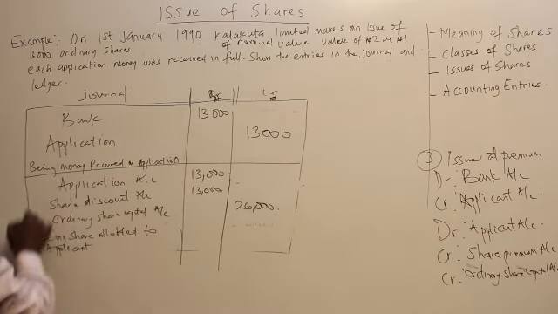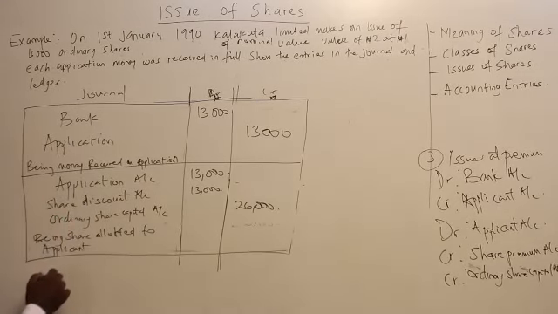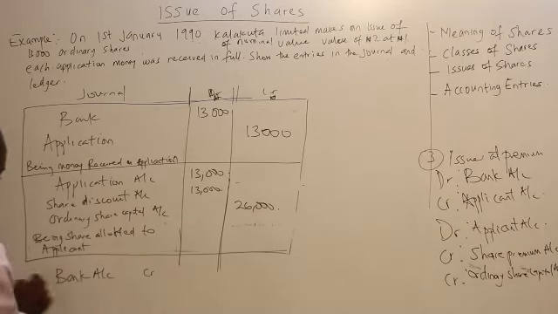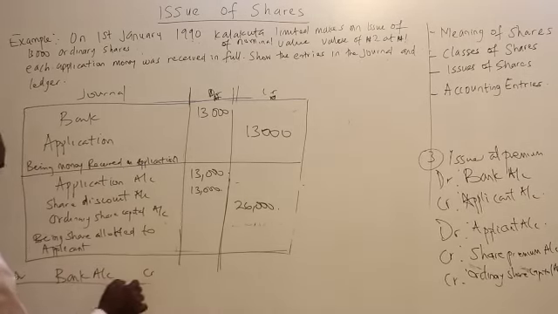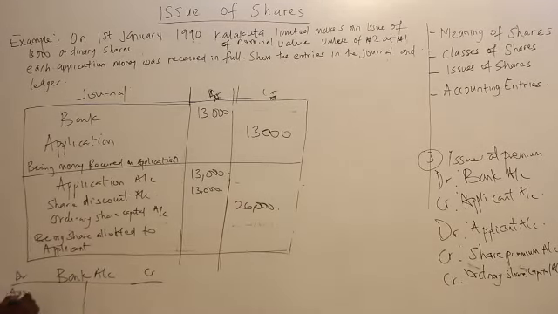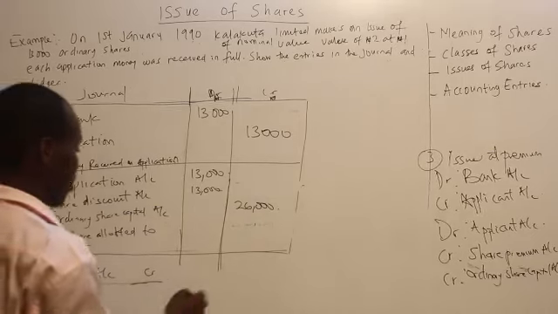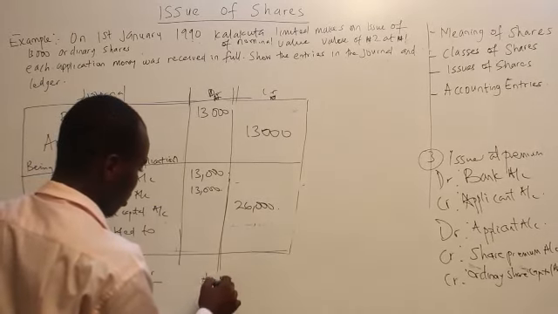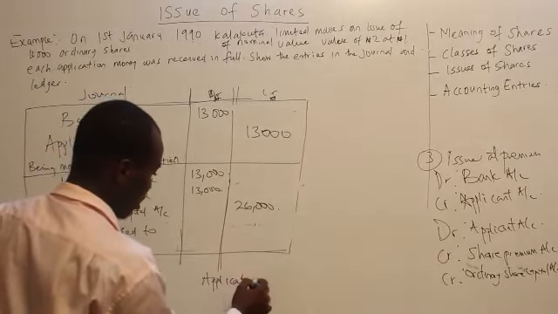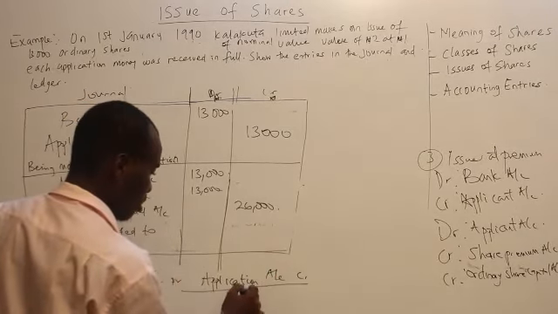So you can see how simple it is now. So we can have the bank account now in the ledger. We're going to debit bank account. So we have application. It's similar, but the amount will be different: 13,000 naira. So we're going to open application account.